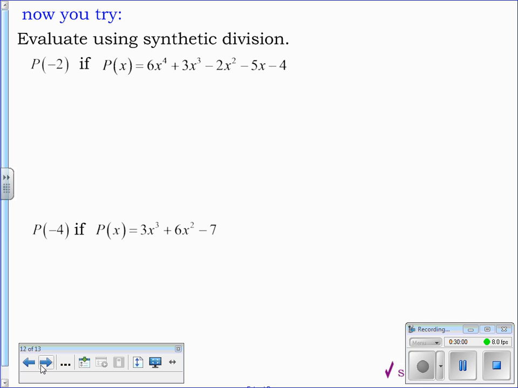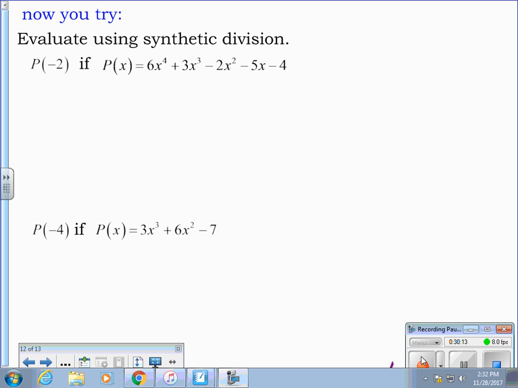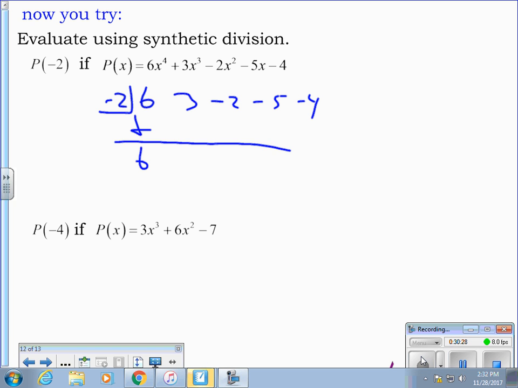So, I want you to do these two. Last two problems. Okay, evaluate using synthetic division. So we're doing P of -2. Coefficients are 6, 3, -2, -5, -4. Bring down the first, I get 6.